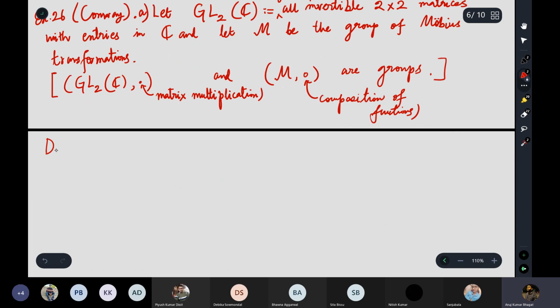So define, we are defining a map phi like this.